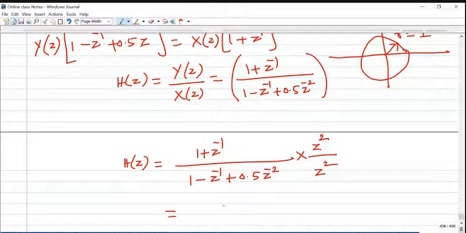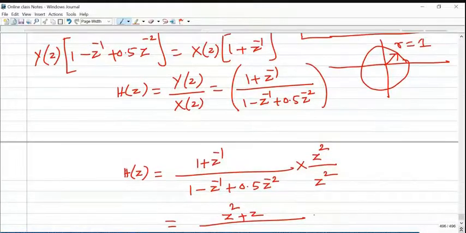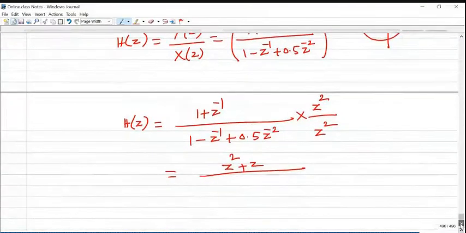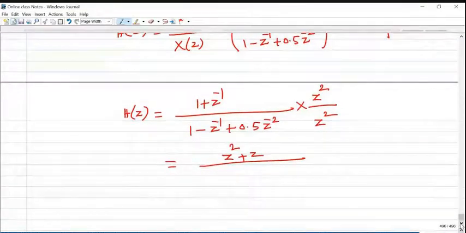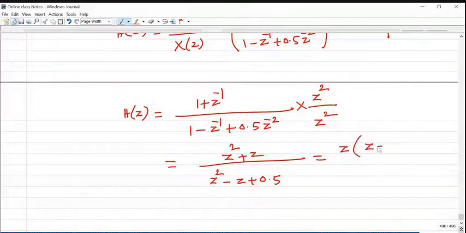You will get z square plus z in the numerator, and the denominator z square minus z plus 0.5. So take one z outside: z times (z plus 1). So zeros are ready now: z equal to 0, z equal to minus 1. Two zeros are there.